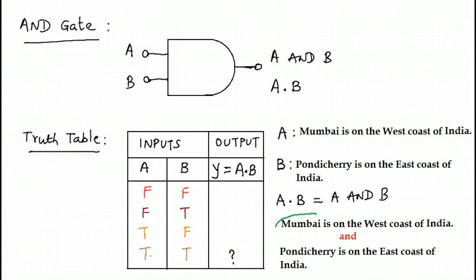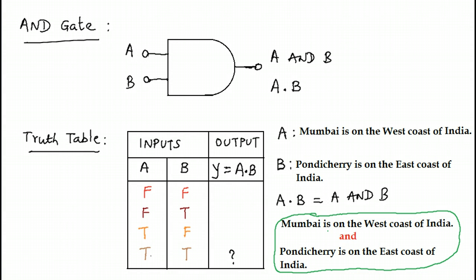Now we have to ask ourselves the question, is this sentence taken in its entirety true or is it false? In other words, if somebody says this entire thing, Mumbai is on the west coast of India and Pondicherry is on the east coast of India, is that person being truthful or not?